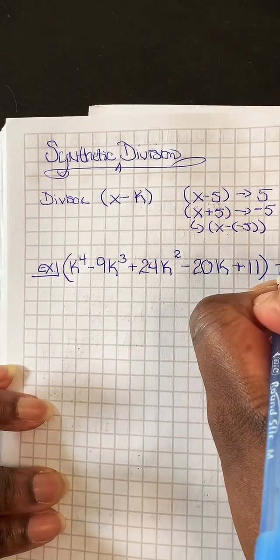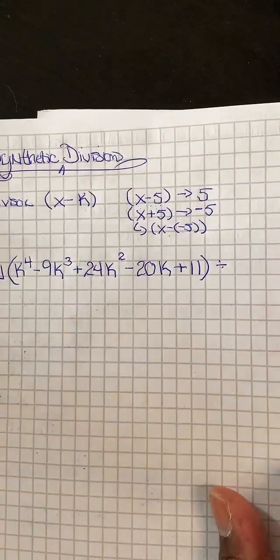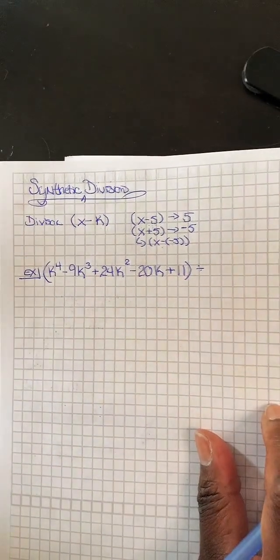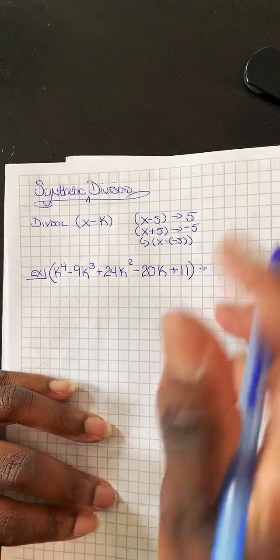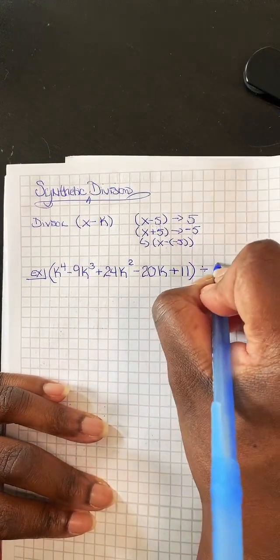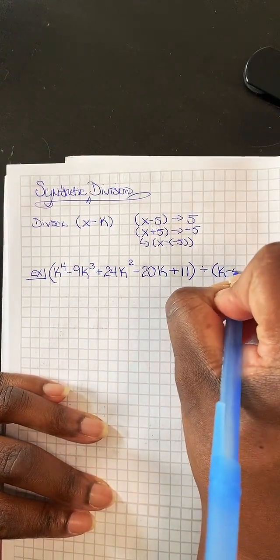We're going to divide that by k minus 4.